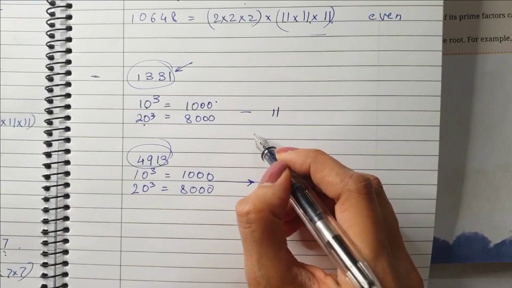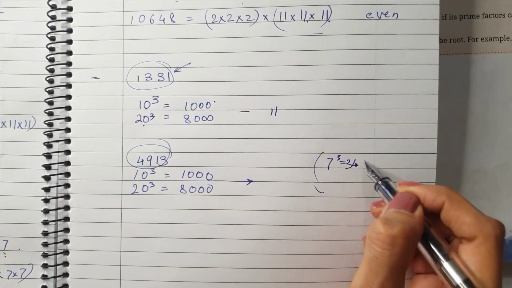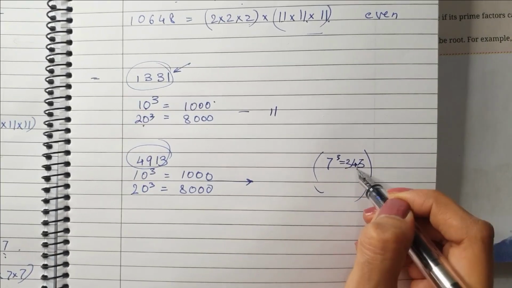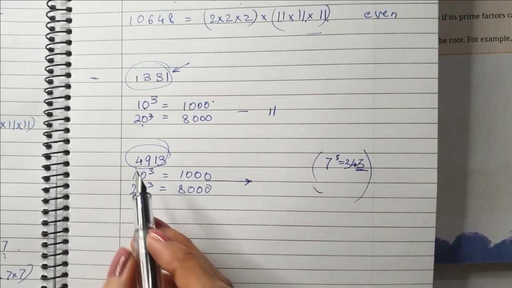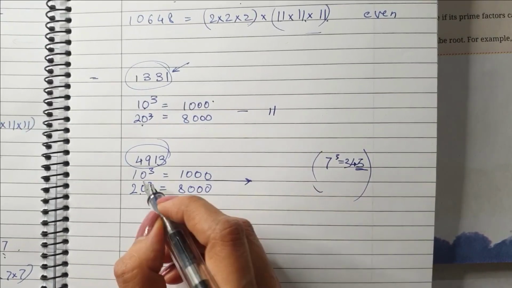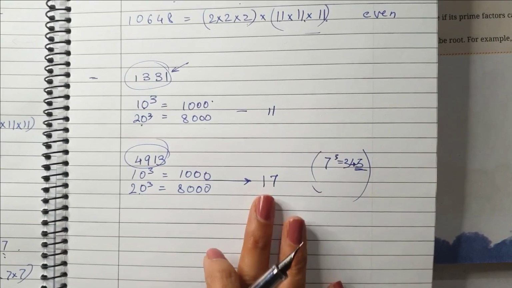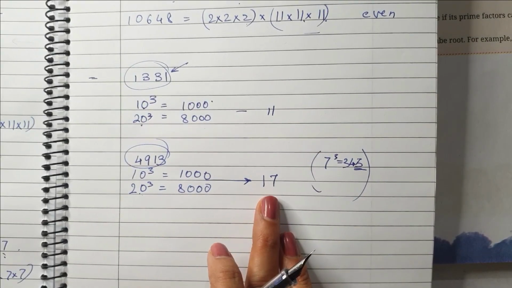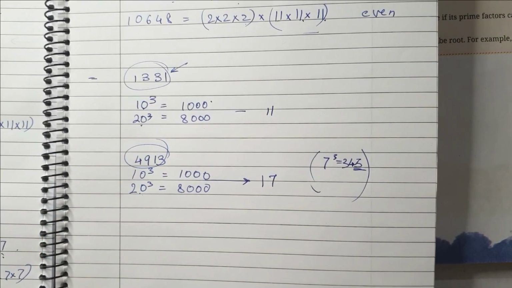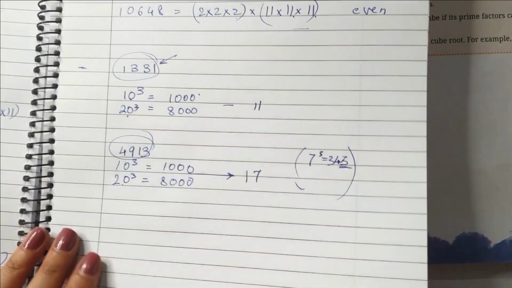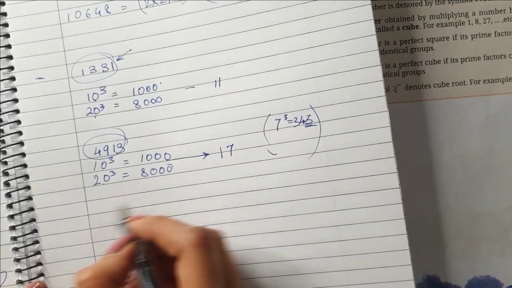We know that 7 cube is 343, right? Which means that here also, the cube root should end in 7. And since it's between 10 and 20, this will be 17, right? This is because we know that it's between 10 and 20, and we know that this is a perfect cube, right? Similarly, if we have 12167, that's the next question.